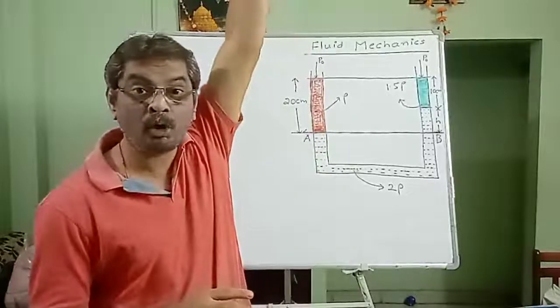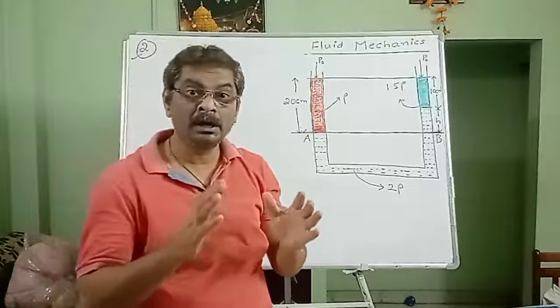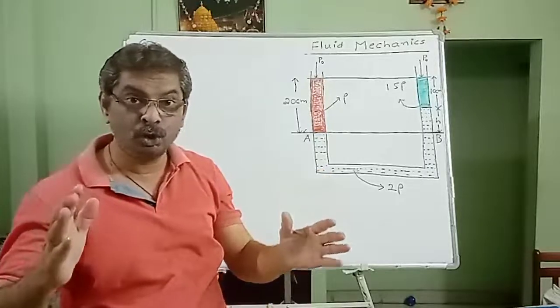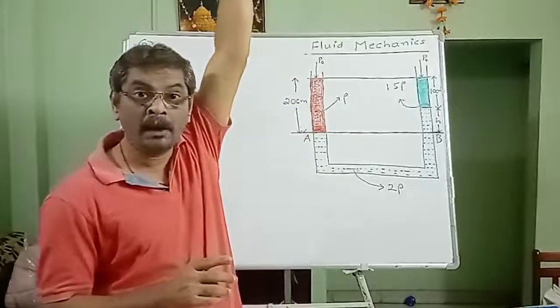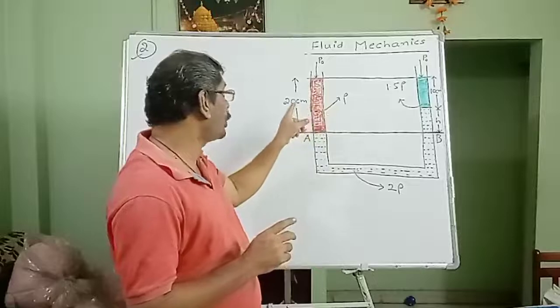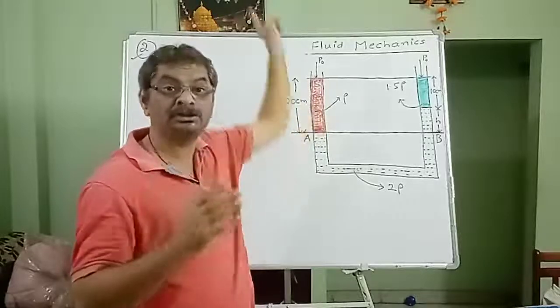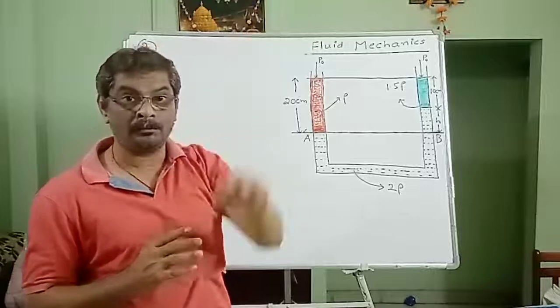The second problem says a vertical U-tube consists of a liquid of density rho, having a length of 20 centimeter in the left arm.